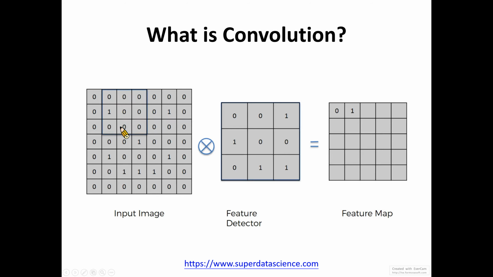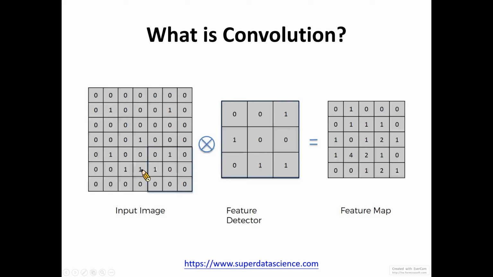In this case, 1 multiplied by 1 is 1, but the results for the other pixels are 0. So the summation of all these 9 combinations is 1. So we can do this by sliding the window throughout the whole image. Then you can derive the numbers into what we call the feature map.